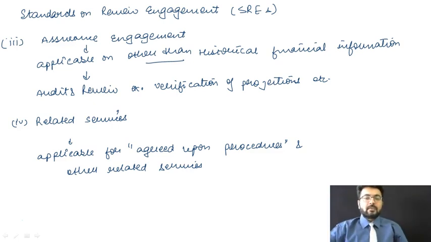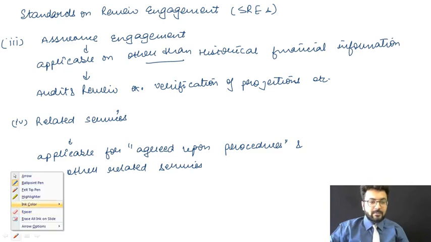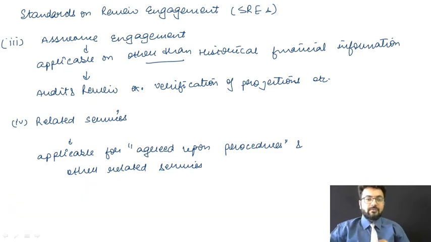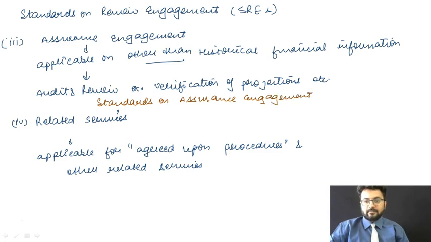That is all. Now, when it comes to the third point, there are different kind of standards which are applicable. What you will find, the applicable standards are standards on assurance engagement, SAEs.